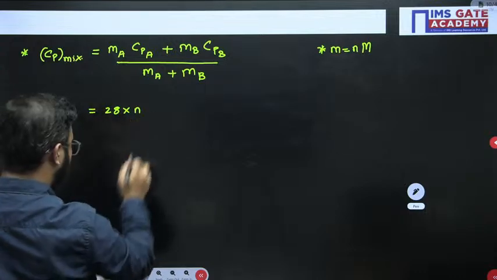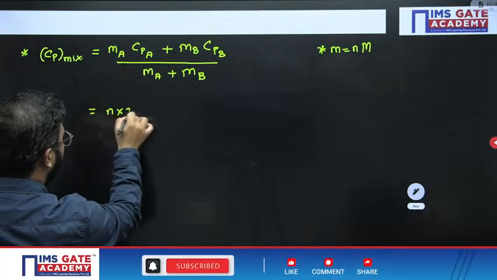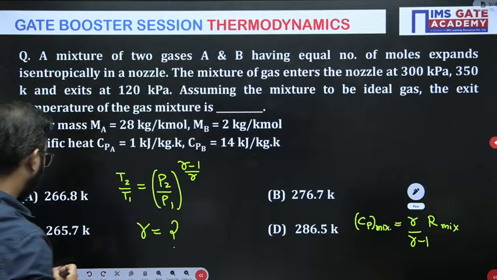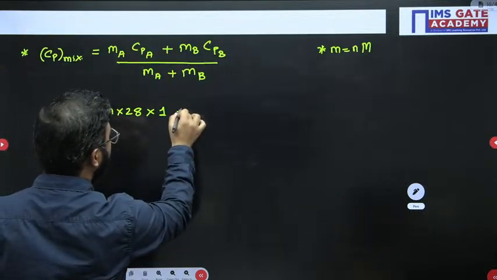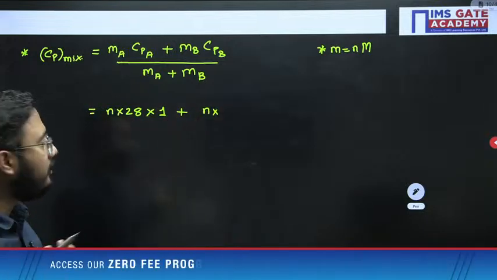So, number of moles n multiplied by the molecular weight 28 into the Cp value of gas A, which is 1, plus mass of gas B, n number of moles, same for gas B also.